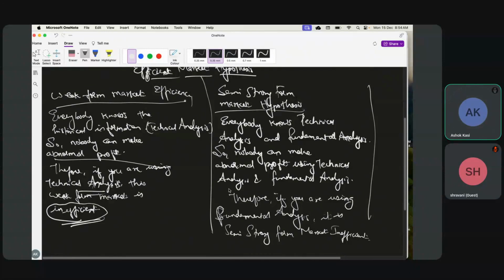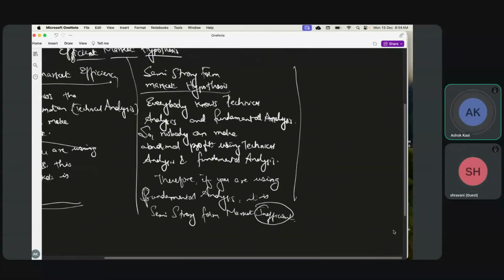Is it okay? Yes, sir. In weak form market, you can still use fundamental analysis to make abnormal profit. If you are in semi-strong form, that means you are considering this market as inefficient.